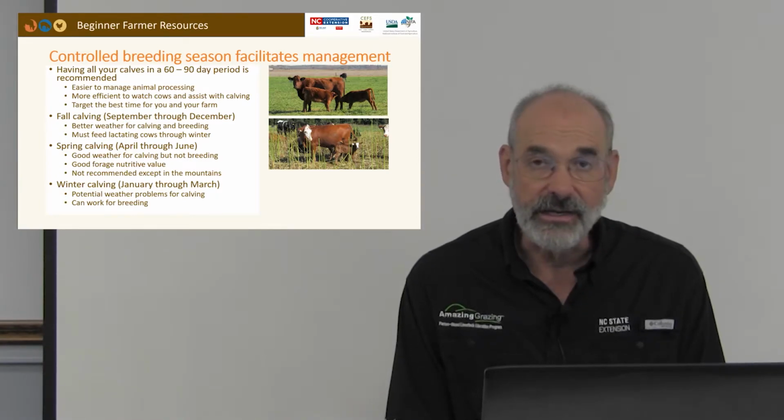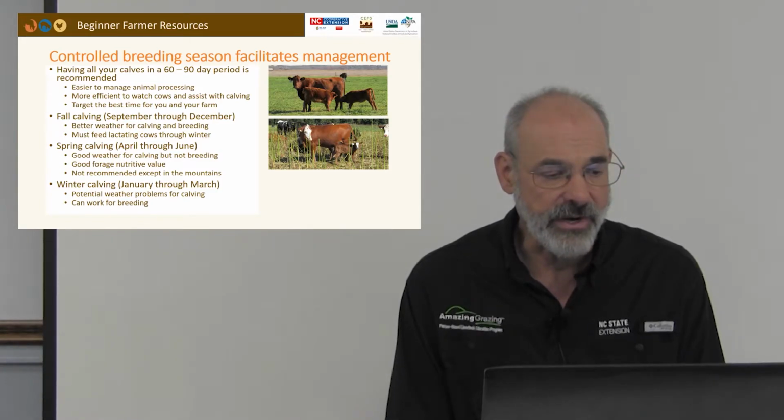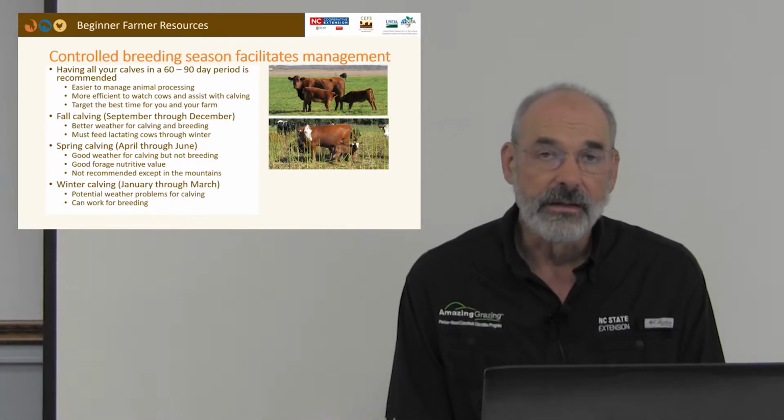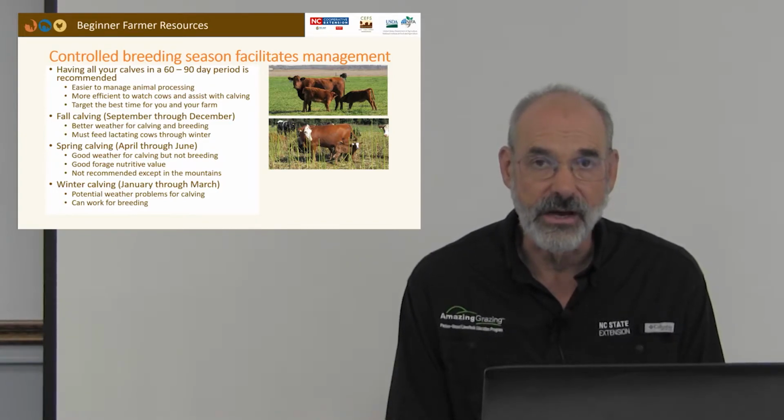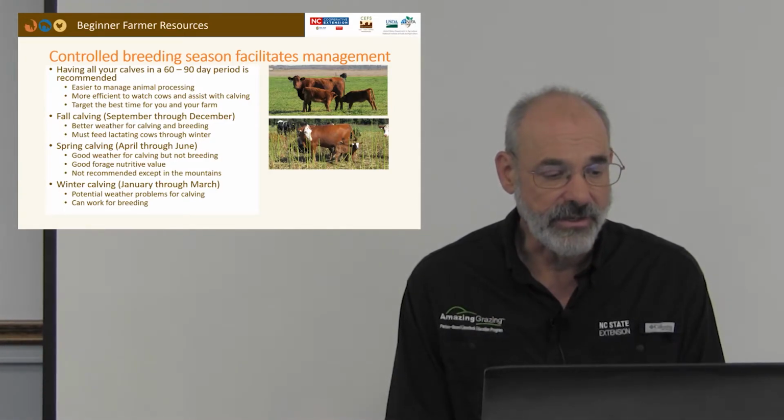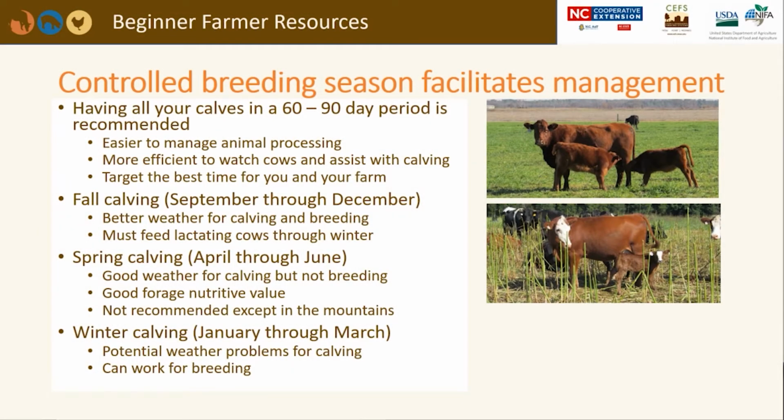But it is a better system for getting the cows bred back than the spring calving. The problem in our area with spring calving is that the breeding season becomes the middle of the summer, and it's much too hot in North Carolina for cows to efficiently reproduce during that time of the year. With winter calving, while we do have those weather problems, we can get the cows rebred simply because the bulls are turned out in April when forage quality is usually pretty good.